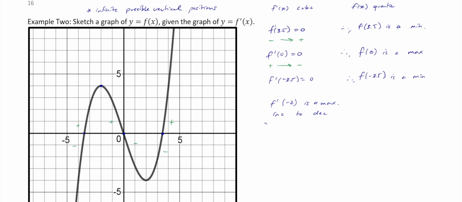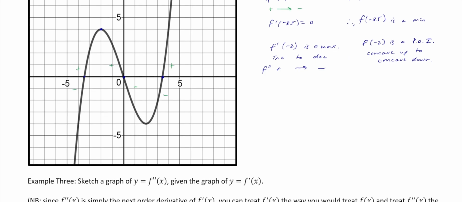So that means the second derivative is going from a positive value to a negative value. So that means that f at negative 2 is a point of inflection, and because the second derivative is positive and then goes to negative, it's going from concave up to concave down.